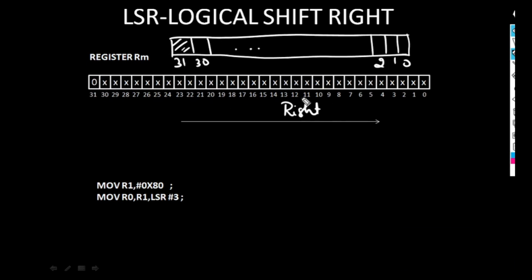All are shifted to the right side. This particular operation is equivalent to LSR #1, that is, if you shift all the content by one bit position, it is equivalent to performing divide by 2. But one thing we should remember is you will get the exact division only if you have taken an even number like this.